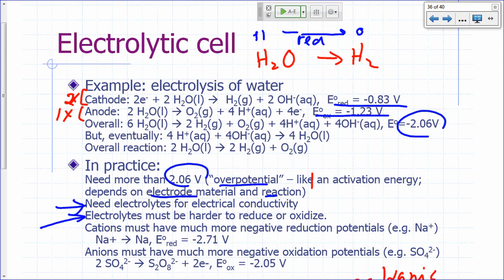Now, the electrolytes that you add, if you want to produce H2 and O2, you want to make sure that those electrolytes are harder to reduce or oxidize compared to water, right? Because if you put something there that is easier to reduce than water, instead of water being reduced to produce H2, it's the electrolyte that will get reduced. If you put something there that is easier to oxidize compared to water, instead of getting O2, that other electrolyte will get oxidized instead.